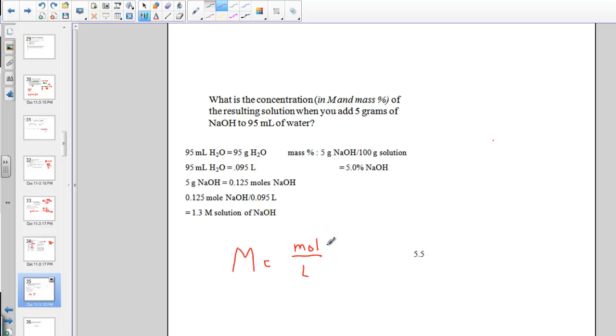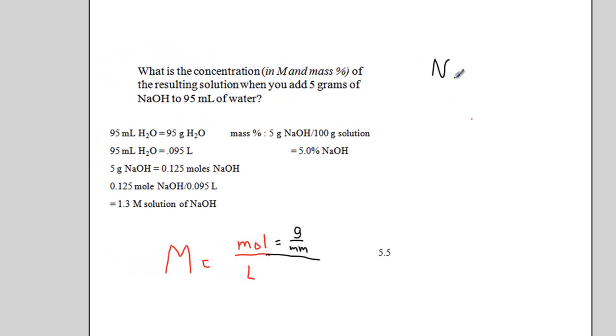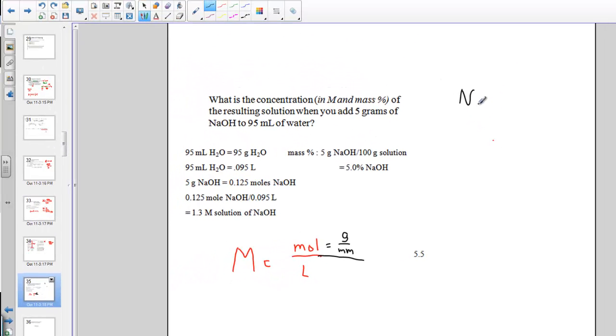And I know that moles is defined as grams over molar mass of our solute, and we'll still want that all over the liter. So we're going to do a little mole map work here. I look on the periodic table and I find the molar mass of the element sodium.